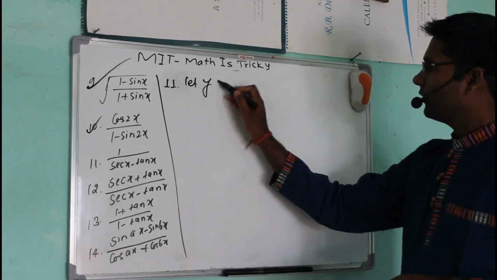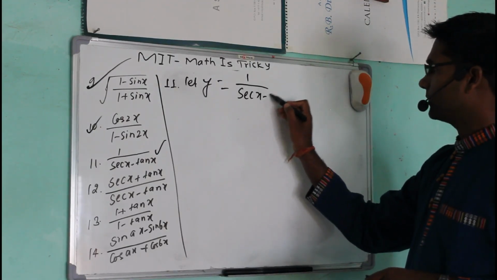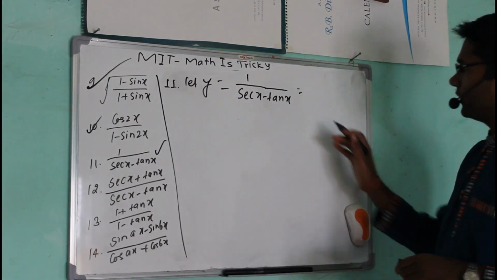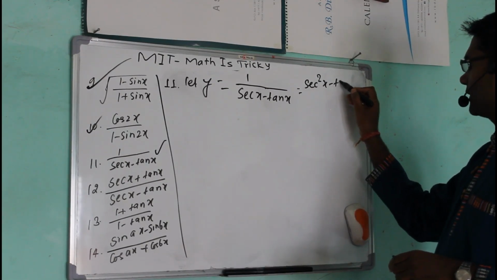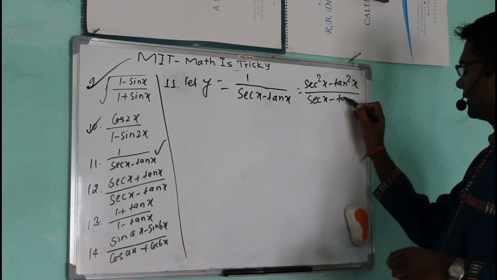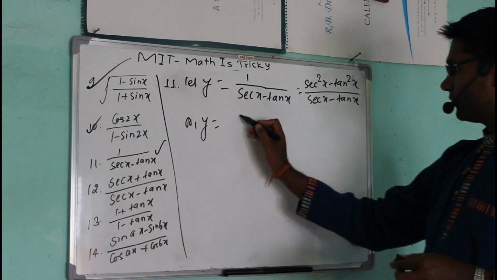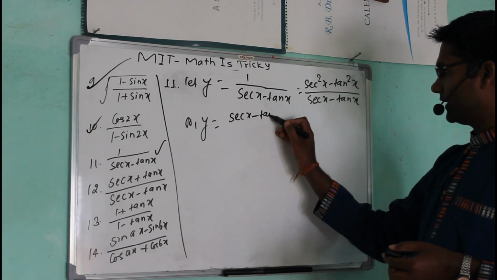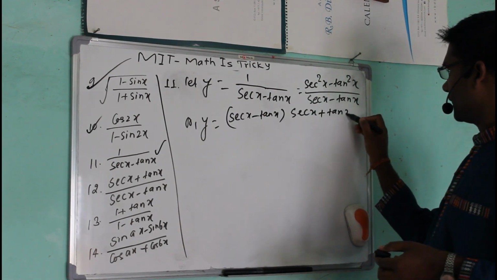Let y equals, we are solving question number 11, 1 by sec x minus tan x. Remember, we can write sec square x minus tan square x by sec x minus tan x, and now we can use the a square minus b square formula for the numerator, so it will be sec x minus tan x times sec x plus tan x.